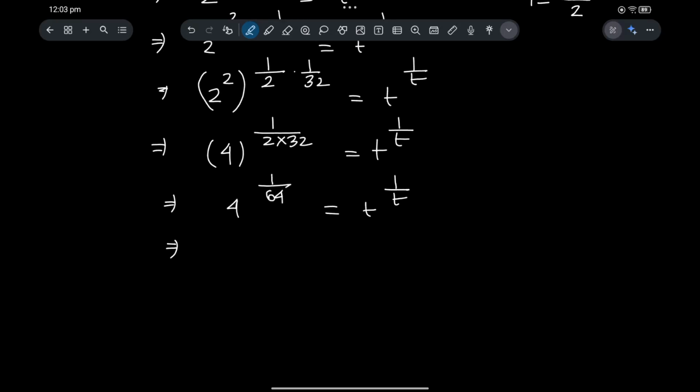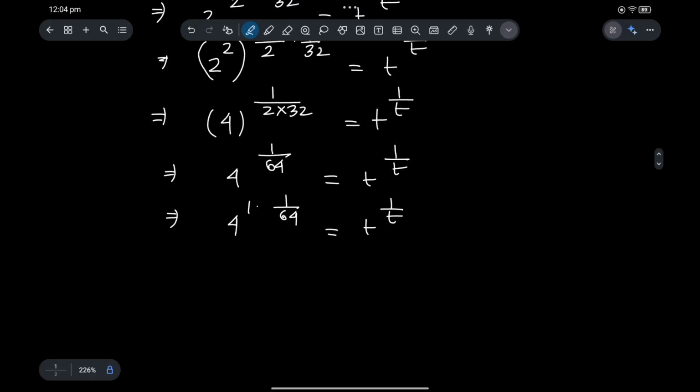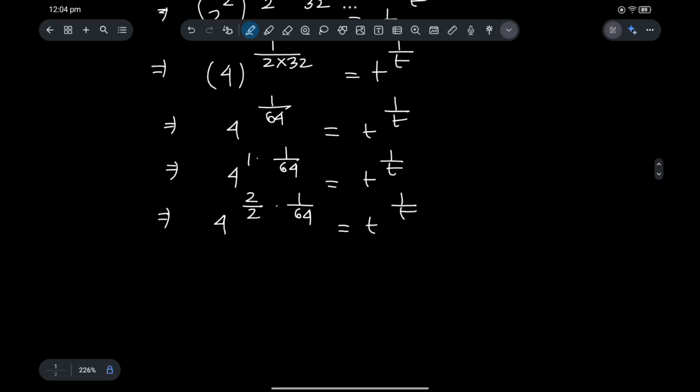So we can again repeat the process. 4 to the power 1 into 1 by 64 equals t to the power 1 by t. 4 to the power 1 can be written as 2 by 2 into 1 over 64.